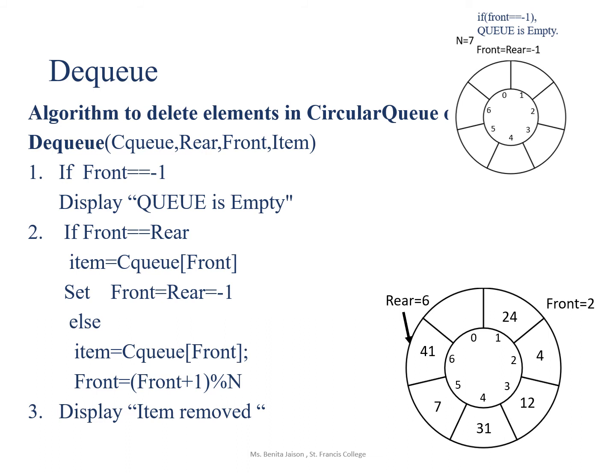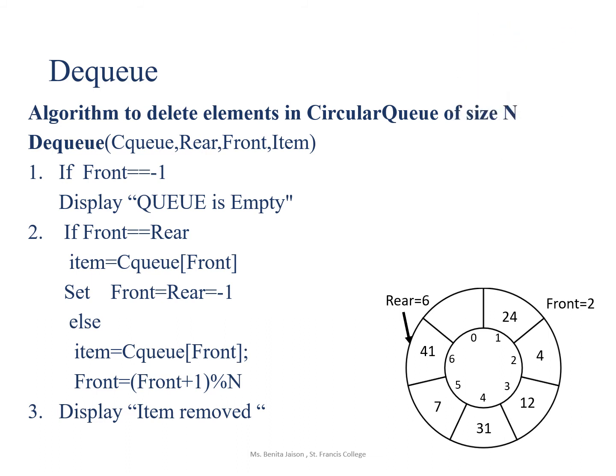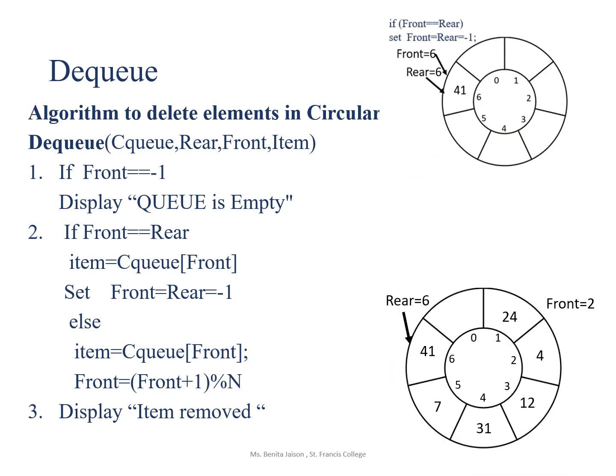In the other case, if the queue is having at least one element for deletion, and the element to be deleted is the last element in the circular queue, as in the case of the example which I have shown over here, the condition in which there is only one element left to be deleted is: if both the front and the rear pointers are equal, that means there is only one element to be deleted.